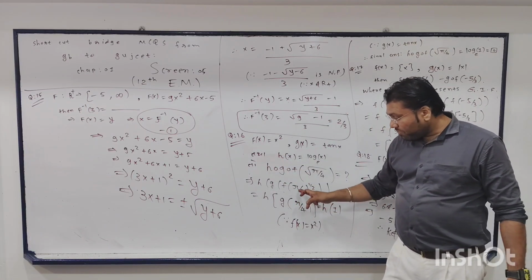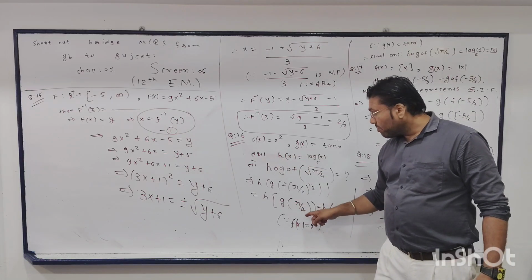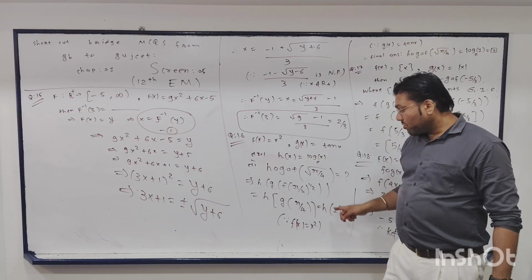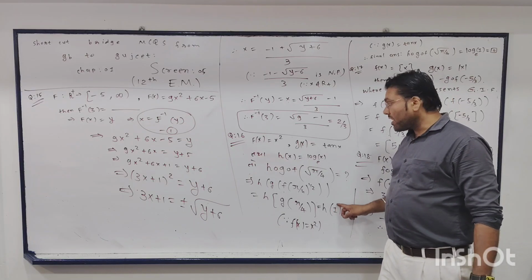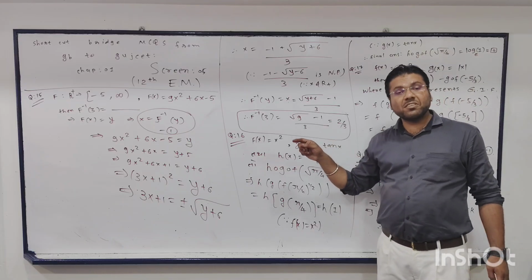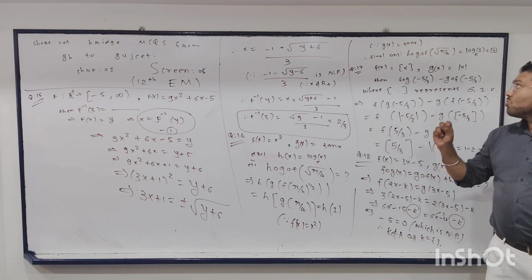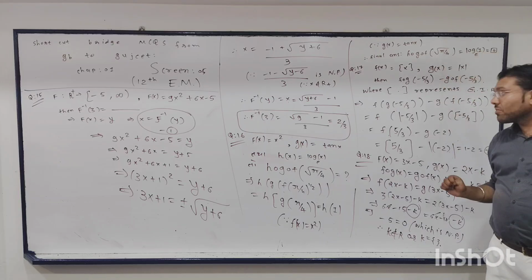So students, f of root pi by 4 will be only pi by 4. g of pi by 4 will be 10 to the power pi by 4, that is 1. So finally you require the answer of h of 1. h of 1 means log of 1, that is 0. So this will be your final answer, log of 1 means 0.